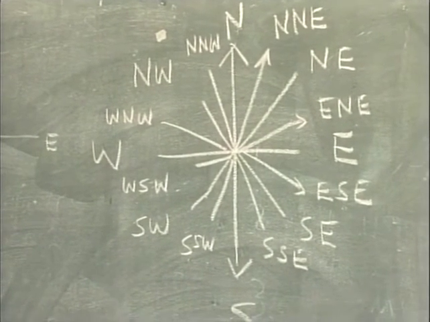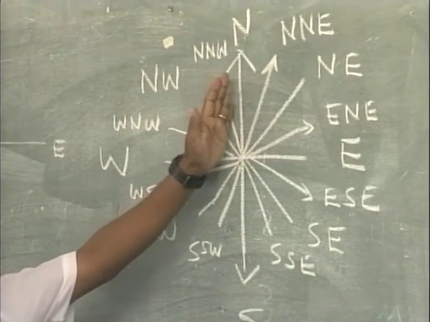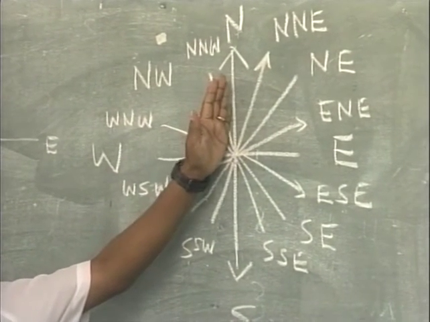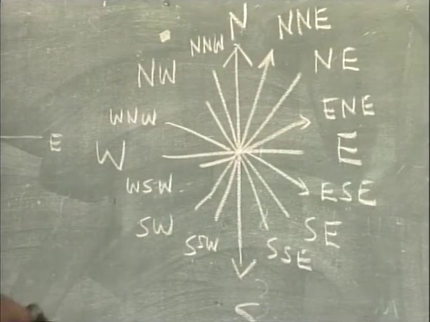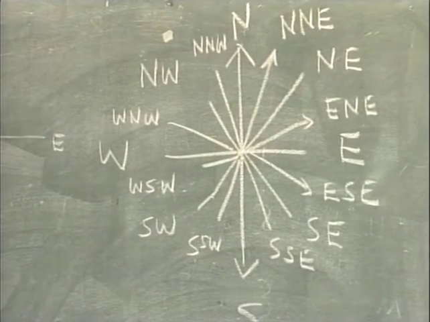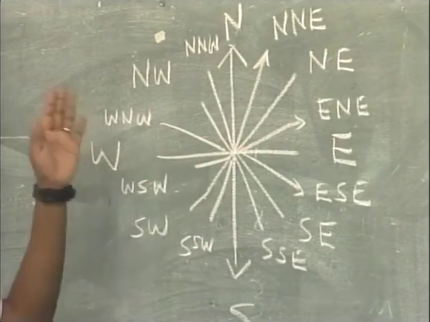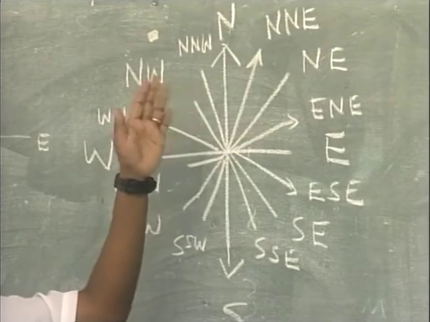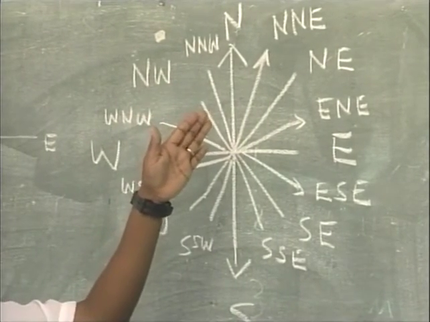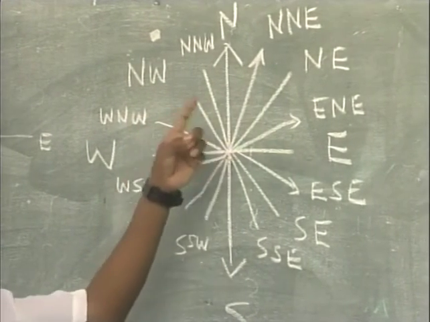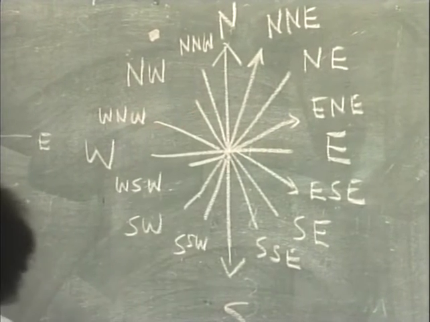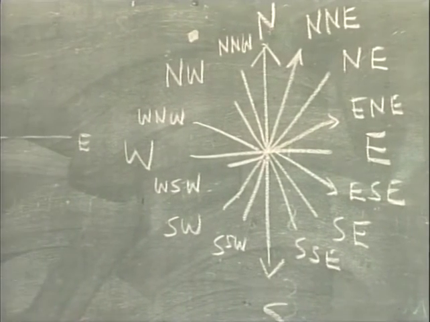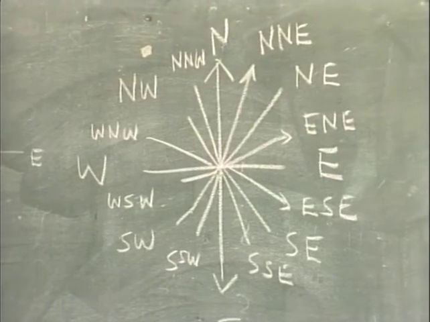So we'll have to double check whenever we are asked to give the bearing of the north direction. It depends on whether we are starting or we are finishing. So if we are starting, then the bearing of the north direction will be 0 degrees. If we are going to do one full revolution right around and come back to the north direction, then the bearing will be 360 degrees.